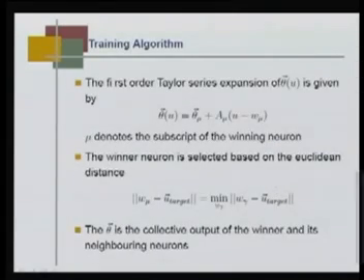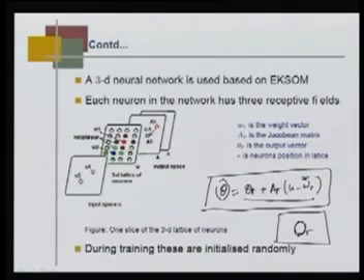Okay. So, I have already told you how theta is related to the parameters W mu and theta mu. The winner neuron is selected based on the Euclidean distance first. Theta is the collective output of the winner and its neighboring neurons. So, what is final theta?